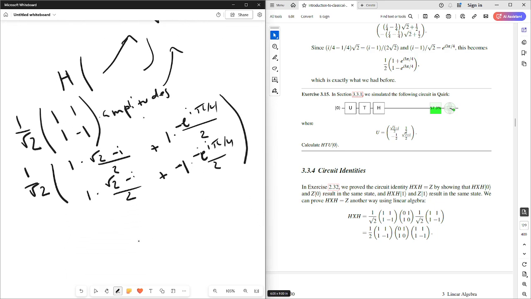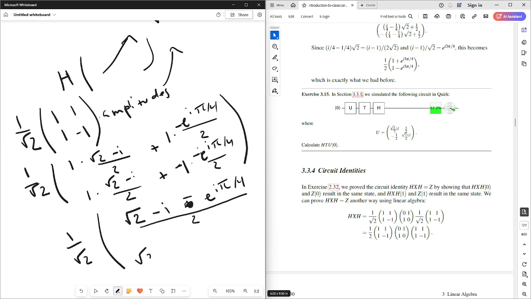Simplify things, group the like terms, etc. We wind up with 1 over square root of 2 times (square root of 2 minus i plus, or pardon me, square root of 2 minus e^(iπ/4)) over 2, and (square root of 2 minus i plus, these are going to turn to pluses here, e^(iπ/4)) over 2.